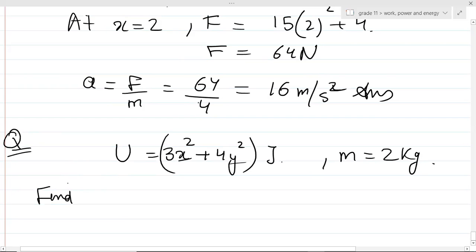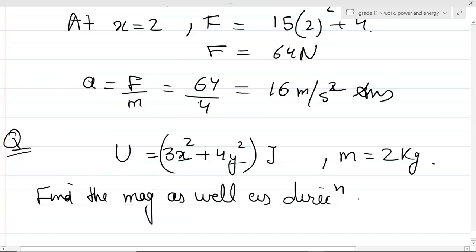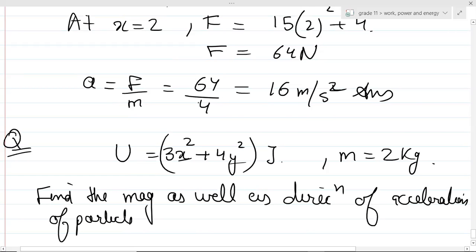Find the magnitude as well as direction of acceleration of the particle. Whenever someone asks you for acceleration as well as magnitude, writing in vector form is not enough.